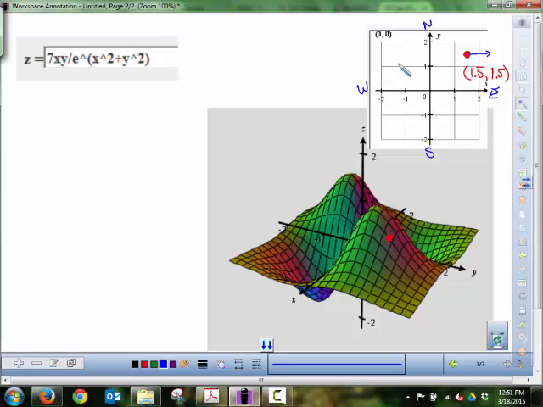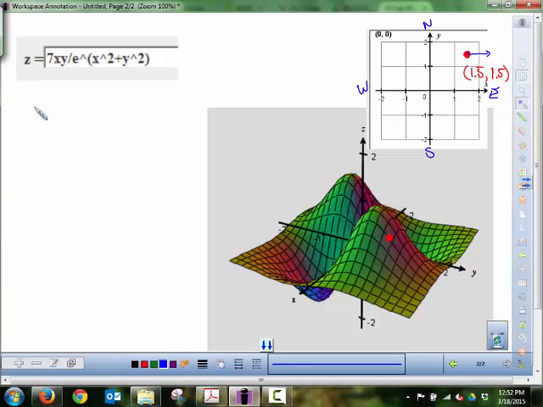So if I move east from where I'm standing, am I going to feel an increase or decrease in height? It looks like I'm going to feel a decrease in height, right? So more specifically, how is my height going to change when I start moving east? Yeah, so that's the decrease part. So what is my change in height?